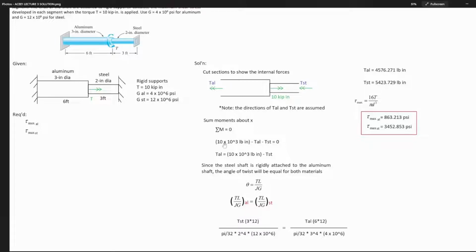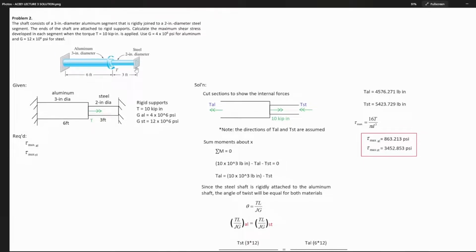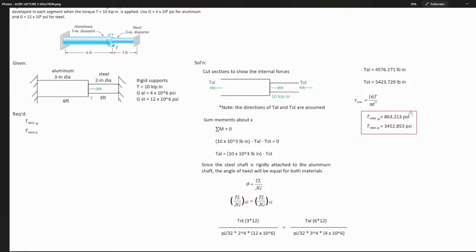Okay, ganyan. So, we are just substituting values. Okay, we now have two equations, two unknowns. Thus, we can solve for the values of T aluminum and T steel. Okay, upon solving, you will arrive at these two values. Ano bang hinahanap? Tau max ni aluminum, tau max ni steel. Alright? So, applying the formula, kasi ito ay solid shaft, sabi, solid. Wala naman sinabing hollow, so solid yan.